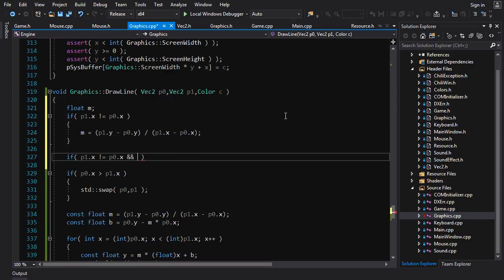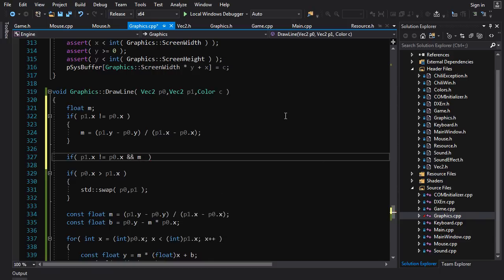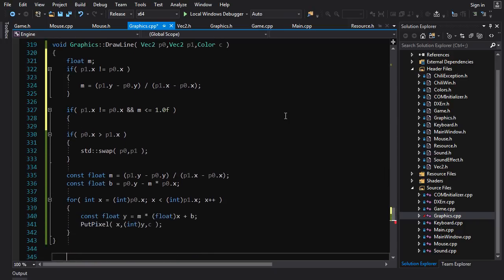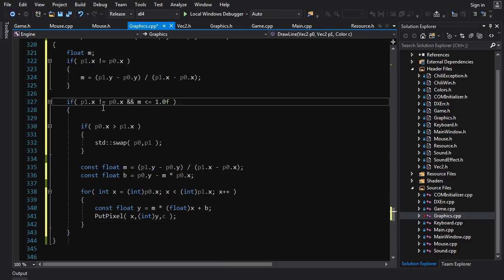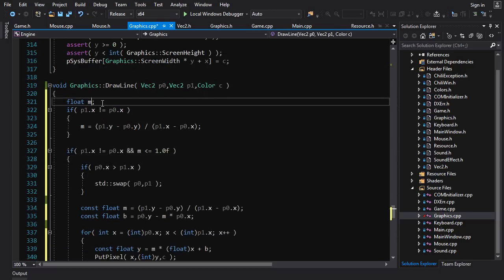And if m is less than or equal to 1, then we have ourselves a horizontal line. A horizontally biased line is a line of the horizontal persuasion.